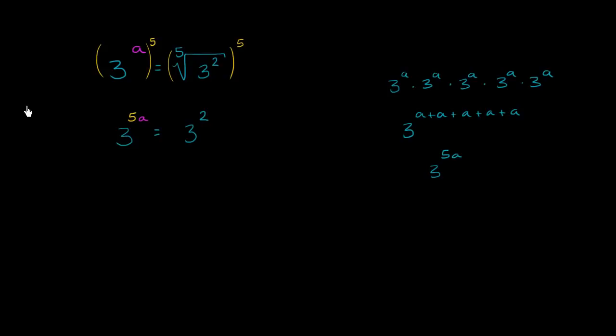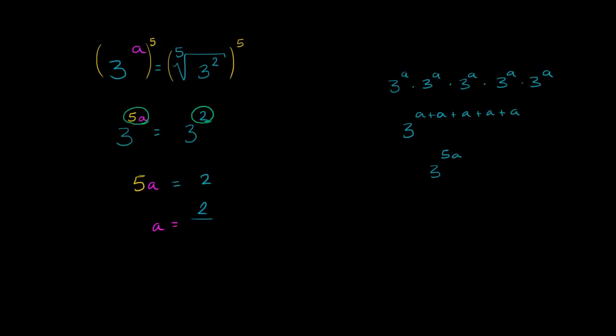Or another way of thinking about it, we have the same base on both sides, so this exponent needs to be equal to this exponent right over there. Or we could write that 5 times a needs to be equal to 2. And of course, now we can just divide both sides by 5, and we get a is equal to 2/5.